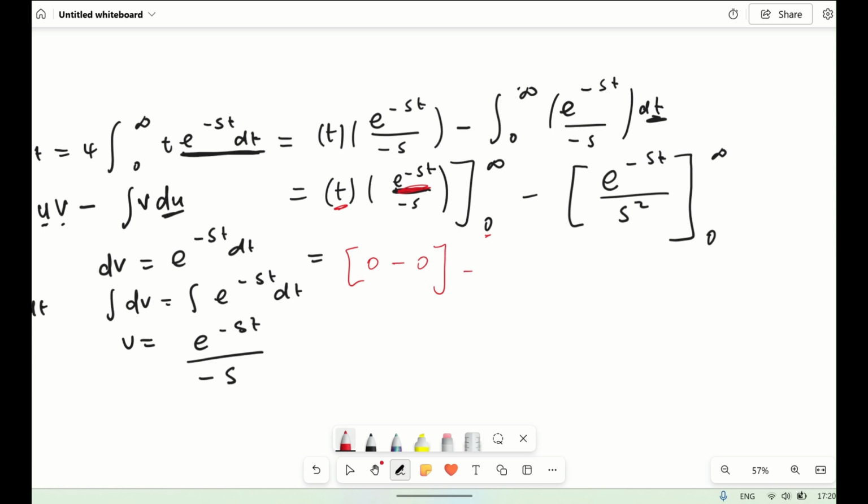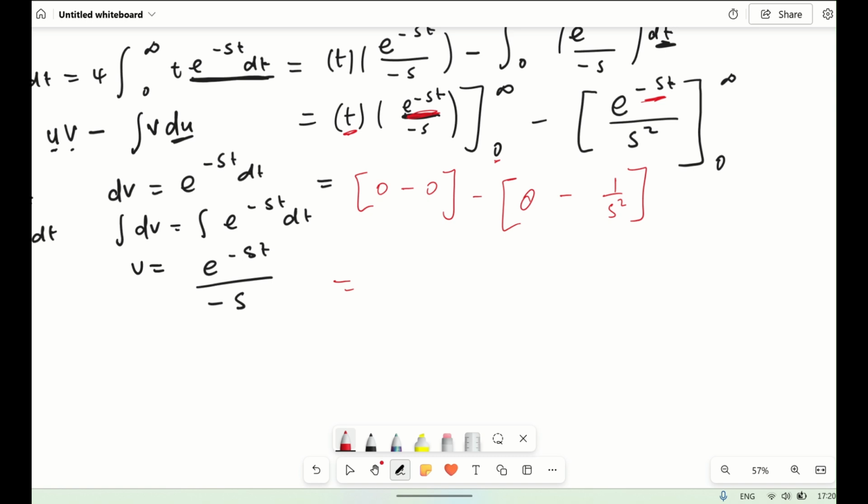And then now I'm doing the same thing here. When you substitute infinity here, as I said, it's 0. And when I substitute 0 here, it's going to be 1 over s squared. Now the final answer is 1 over s squared.